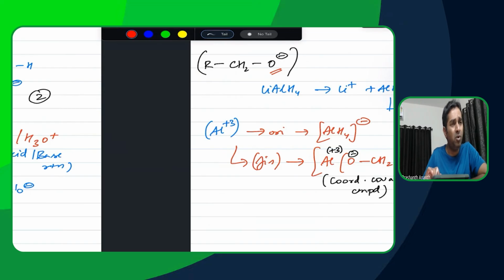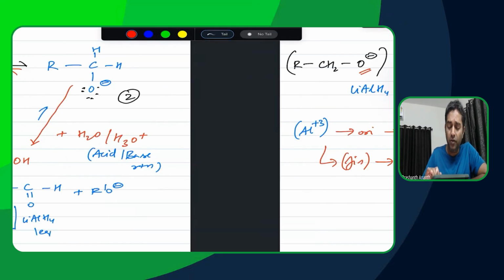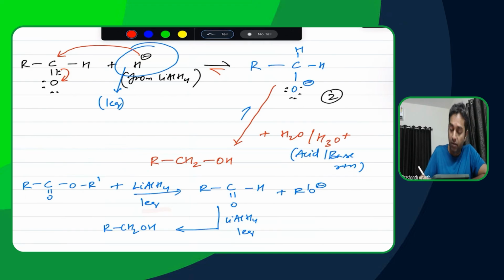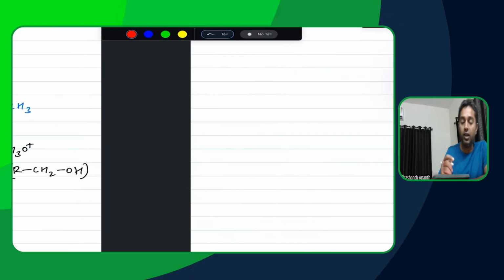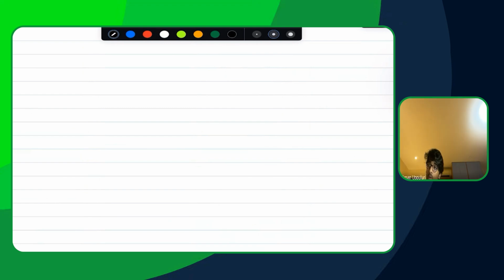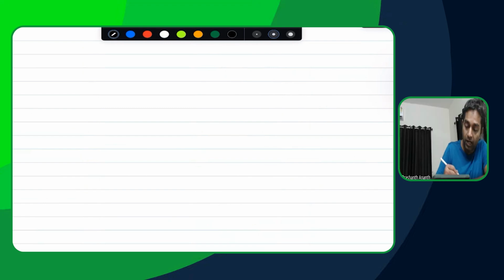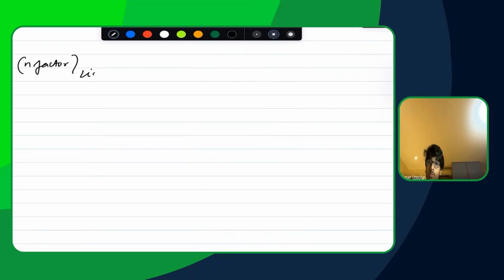Equivalents, not moles. Moles is different. You're confusing equivalents and moles. Look at the terminology I've used here very carefully. I put one equivalent in every spot. One equivalent means one amount of H minus. So the N factor for LiAlH4 is 4. Yes.